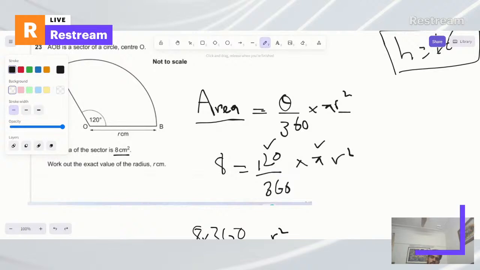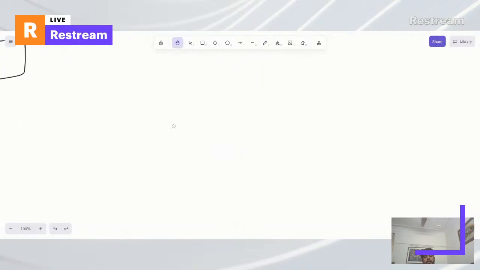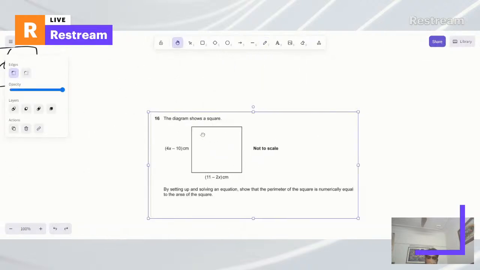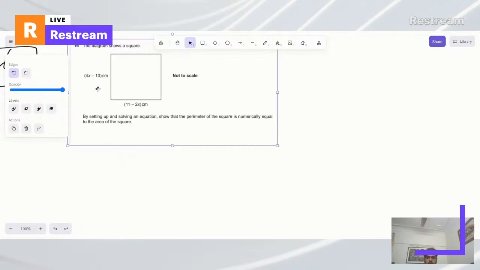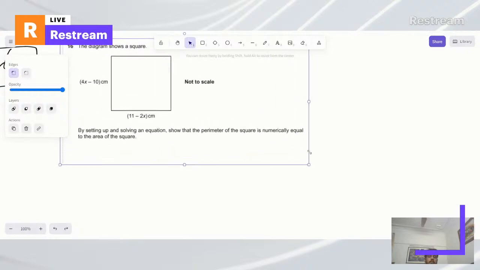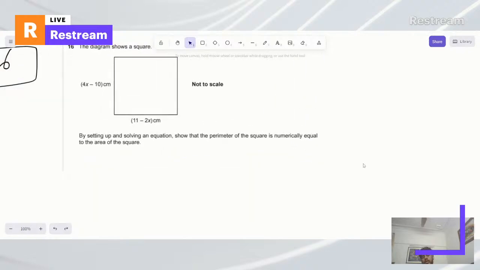Okay, so this is one of the most common types of questions that we get in our GCSE exams, because it's not only related to this chapter, but it also includes another chapter of equations.